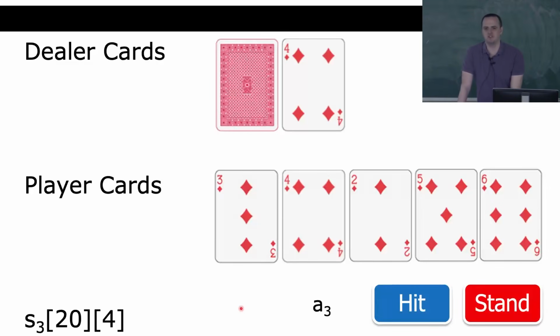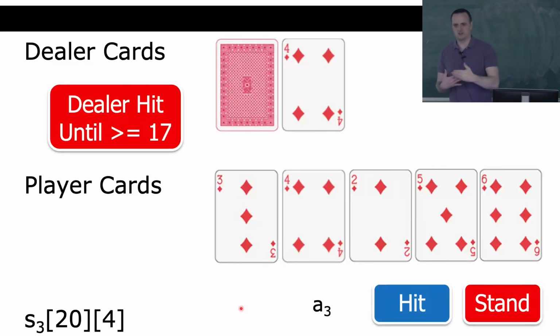And when I choose to stand, you can picture this as the state moving instantly to either win, lose, or draw, right? Now, because blackjack in a casino is a physical game that a human has to actually implement, the dealer's going to flip over their card and keep taking cards until they get to 17 or more.